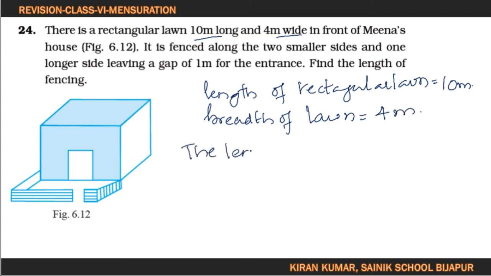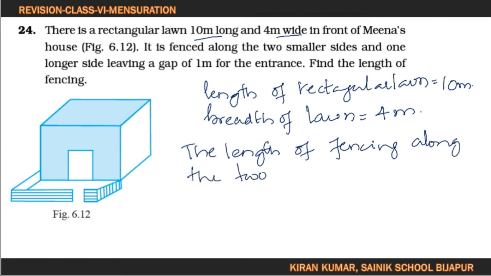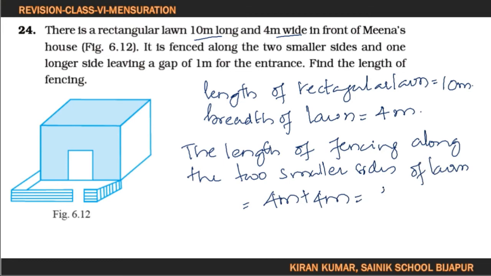The length of fencing along the two smaller sides of the lawn will be equal to 4 meters plus 4 meters. This will become equal to 8 meters.